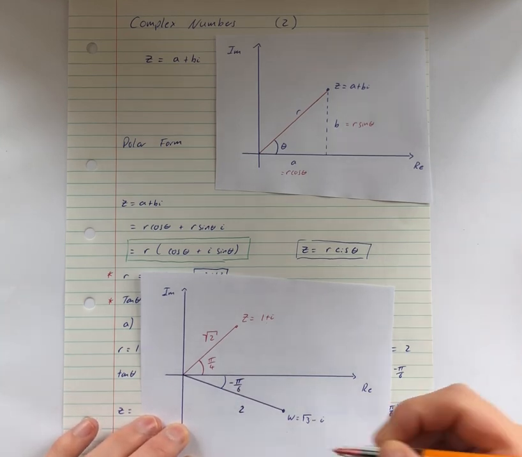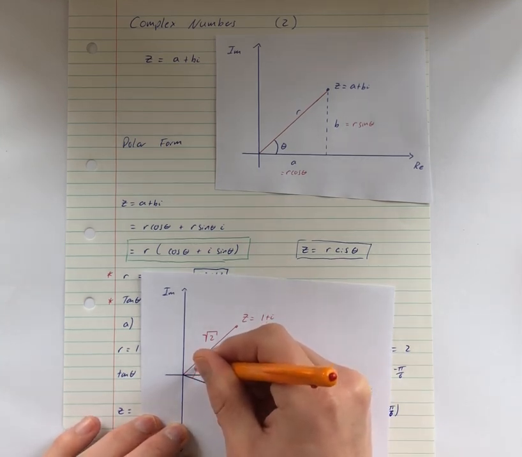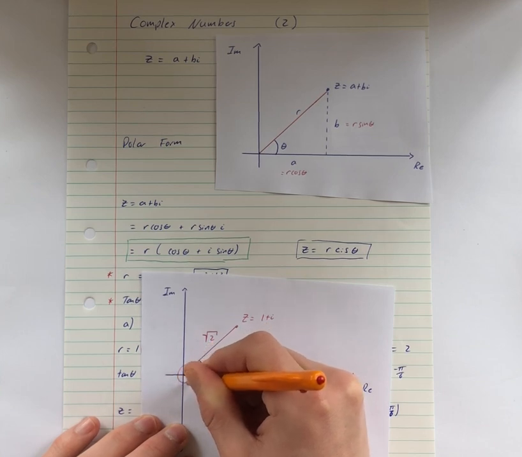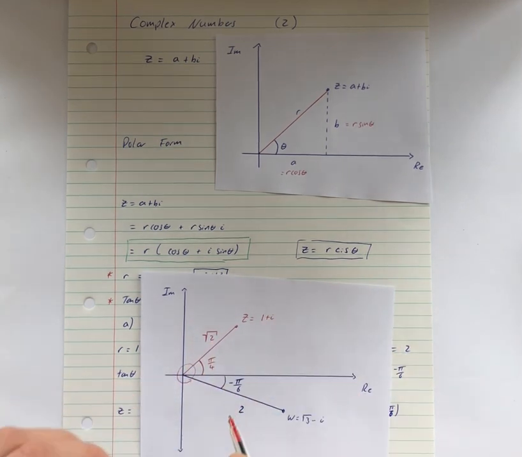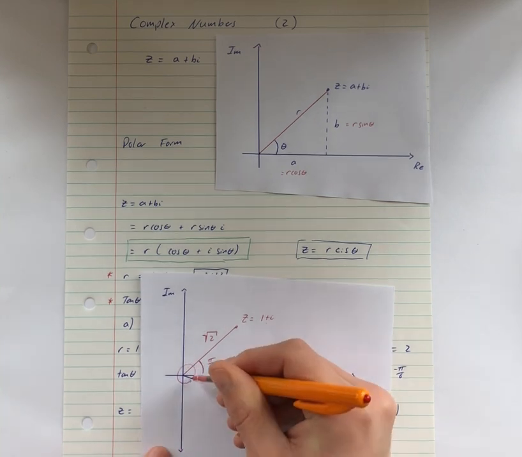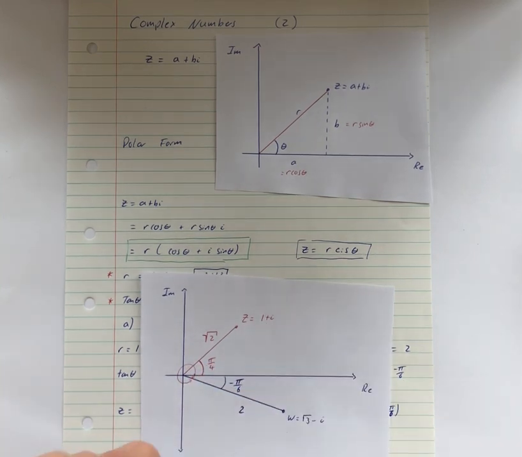But you can see how you could have 11 pi on 6 being almost that full rotation, from that real axis. So that's what they look like.